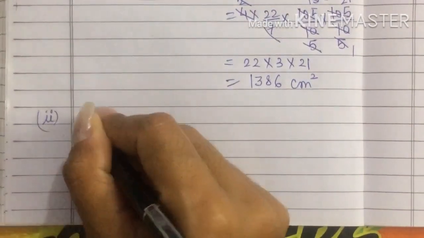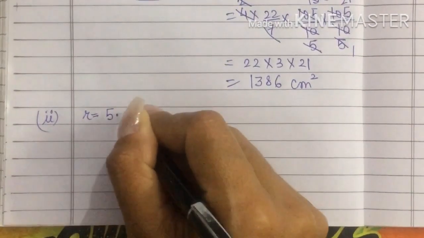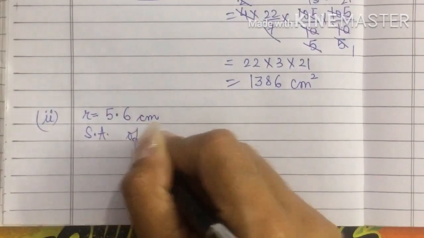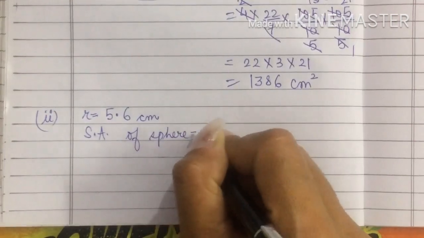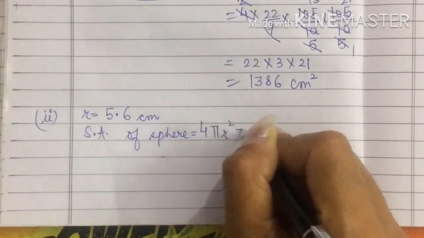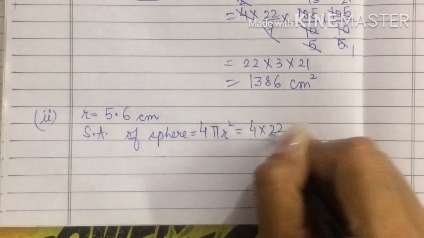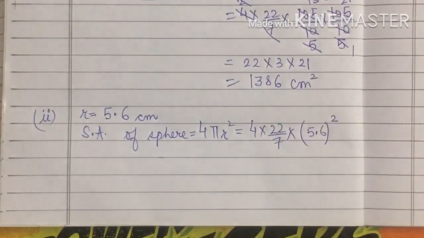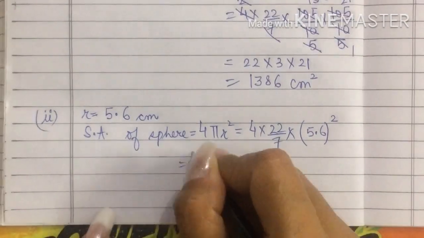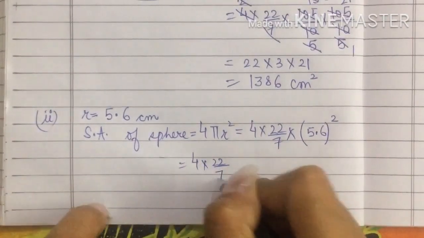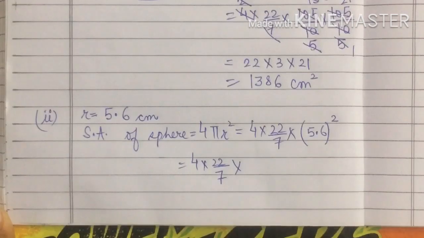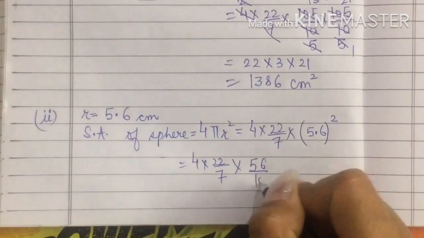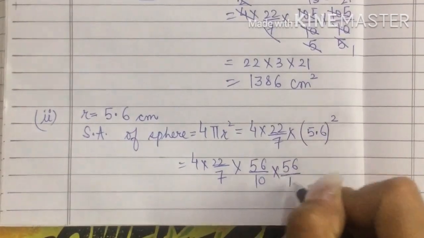Now let us do the second part. In the second part, the radius is given as 5.6 centimeters. Finding the surface area of sphere, this will be given by 4 pi r square. As I said, it's a simple application. 5.6 squared. Now the simplification part, 4 into 22 by 7 into 56 by 10 into 56 by 10.